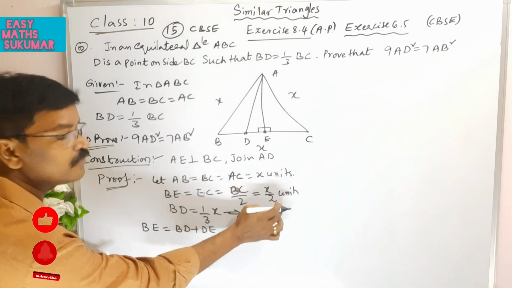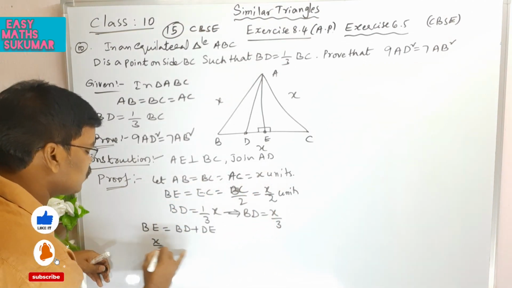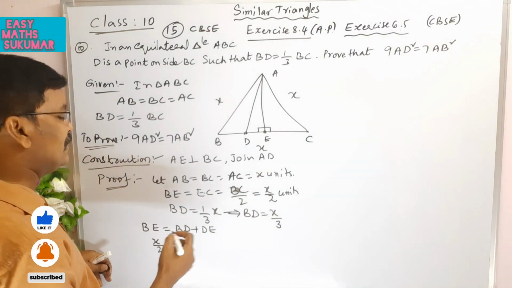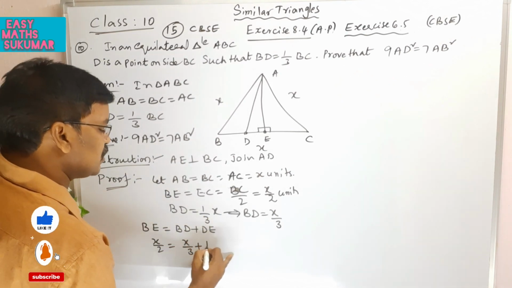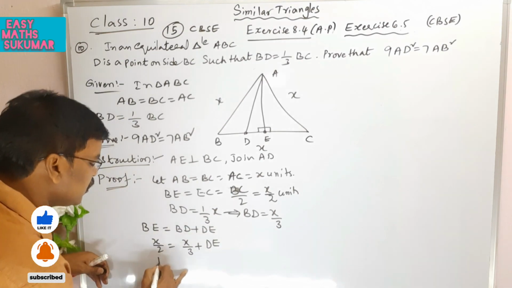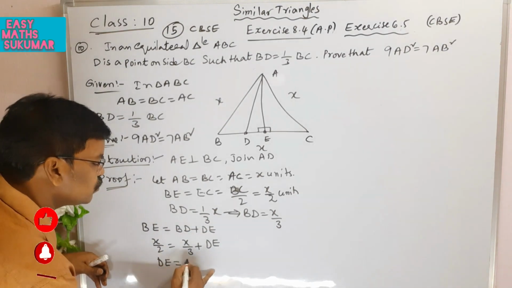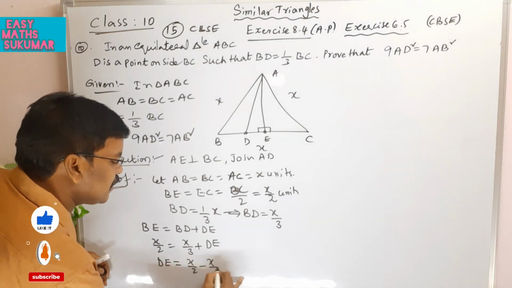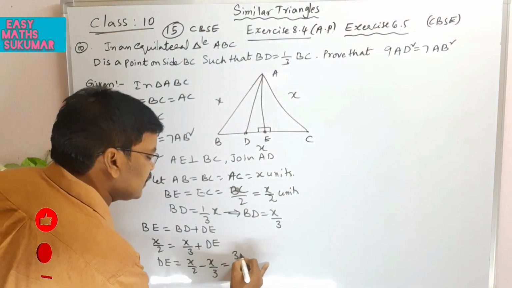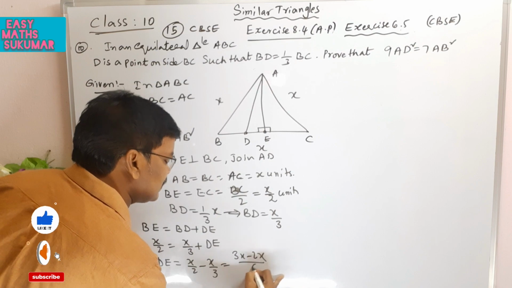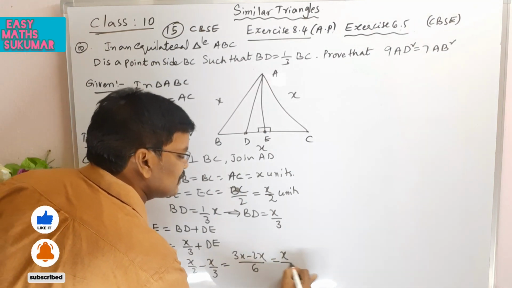Here we have written that x by 2 is equal to BD, which is x by 3, plus DE, which is unknown. Therefore, DE is equal to x by 2 minus x by 3. So this DE is equal to (3x minus 2x) by 6. So that is x by 6.